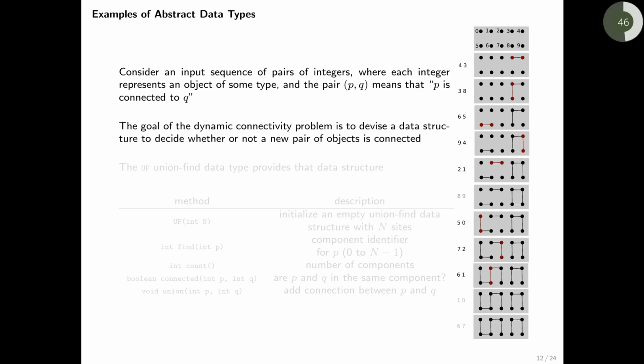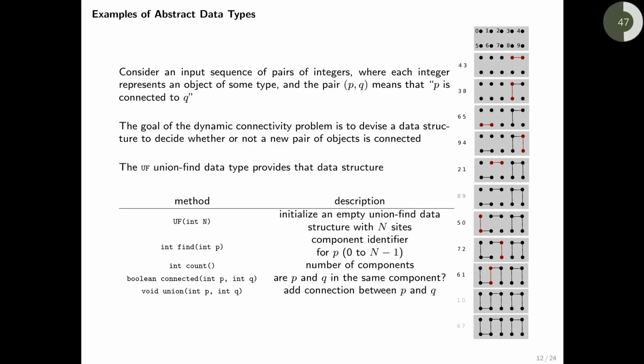So the goal of the dynamic connectivity problem is to implement a data structure that lets you decide whether or not a new pair of objects is connected. And if they're not connected, it lets you connect the two. This data structure ought to be able to do it efficiently, meaning it ought to figure out if two points P and Q are connected or not efficiently, and if they are not, efficiently connect the two.